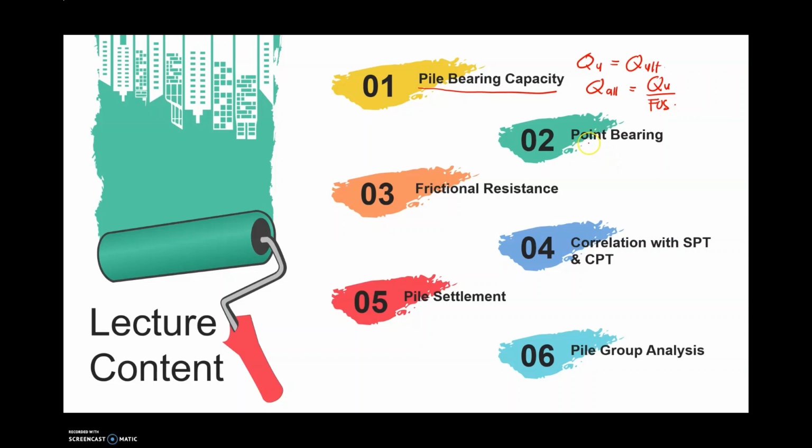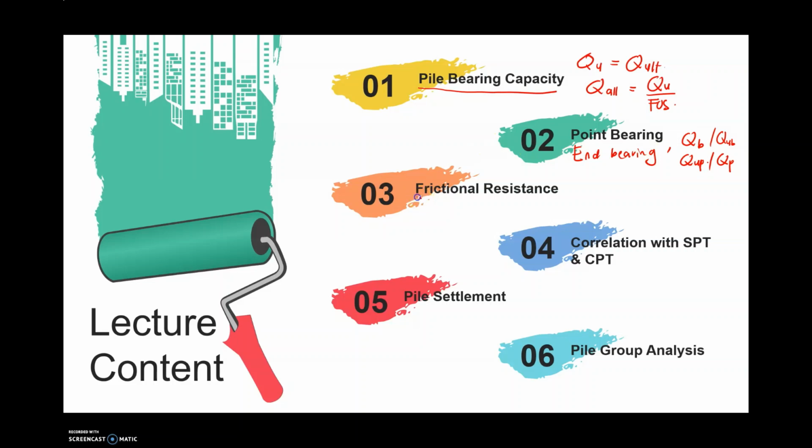Okay, the second part is about the point bearing. Sometimes we consider it as the end bearing value. We consider it as QB, sometimes as QP, QP or QB, which means the Q ultimate bearing. And the next part is about the friction resistance.